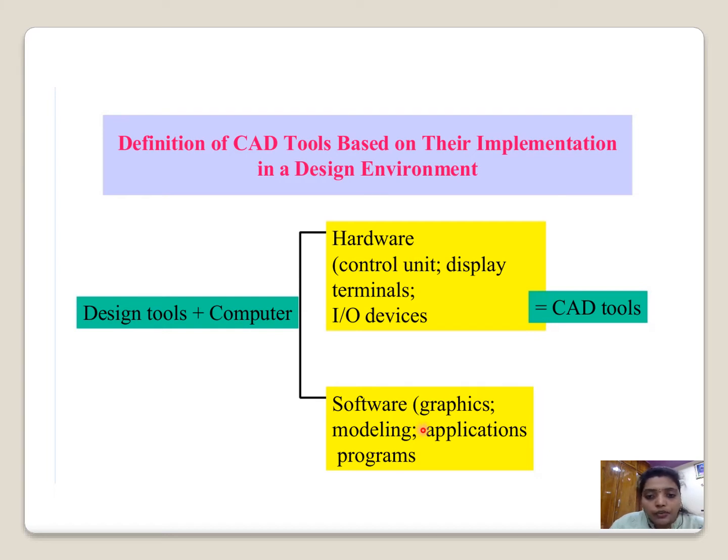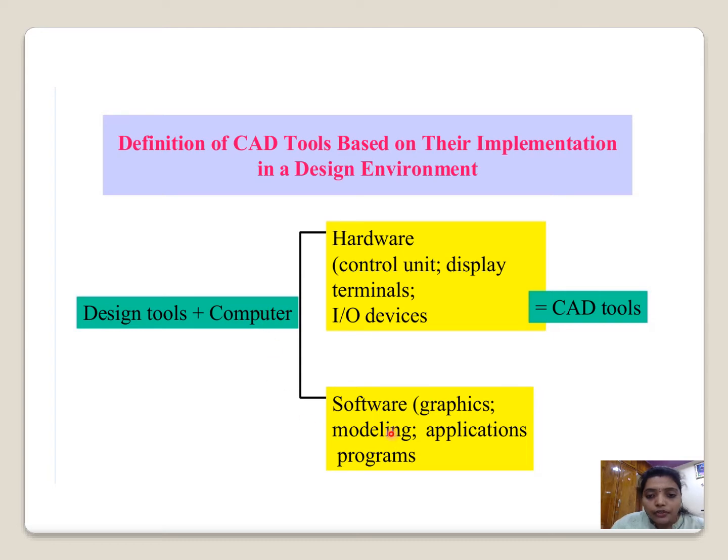Those are known as software, and which are used for the designing purpose only as CAD software. Okay, hardware means the control unit and display terminals, the monitor, etc. These all are display terminals and input and output devices. Okay, there are so many input and output devices. Let us see one by one.